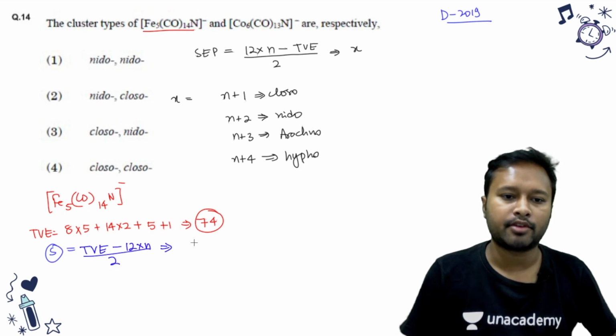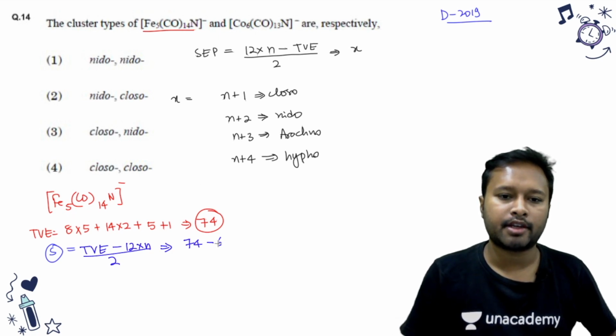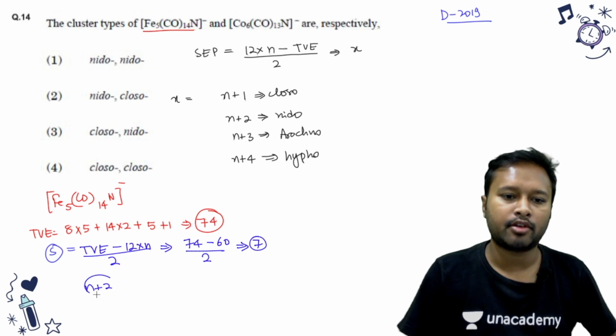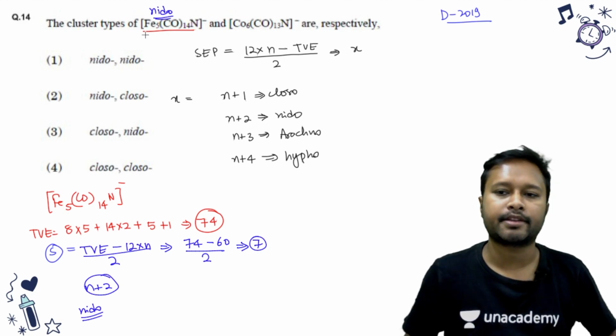So this is 74 minus 12 into 5, because we have 5 metals, so that is 60, divided by 2. It's going to give you 7. Now 7 you can write as 5 plus 2, so it is of the order n plus 2, so this is nido. So the first complex over here is a nido complex.